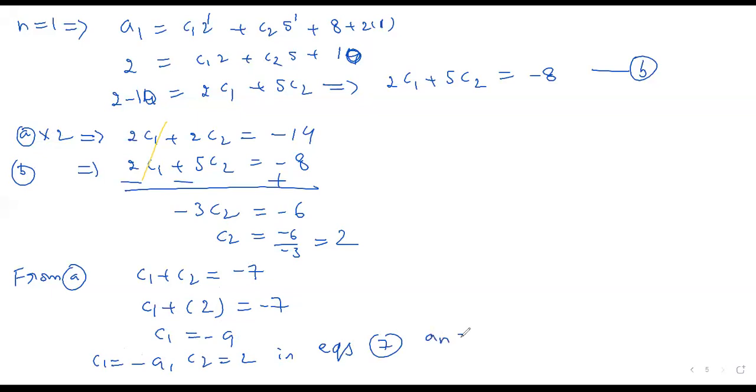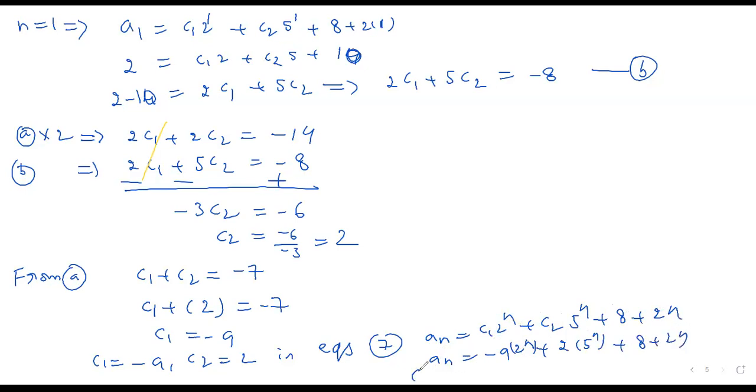Equation 7 is a n equals C1 2 power n plus C2 5 power n plus 8 plus 2n. Therefore a n equals minus 9 into 2 power n plus 2 into 5 power n plus 8 plus 2n. This is our required general solution.